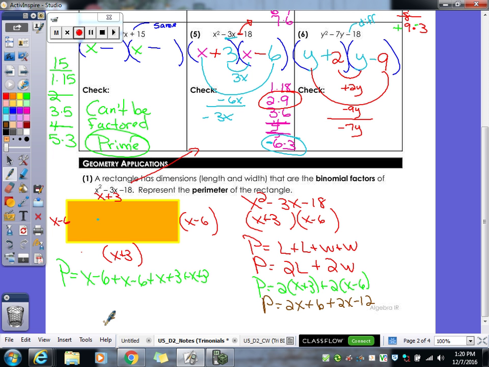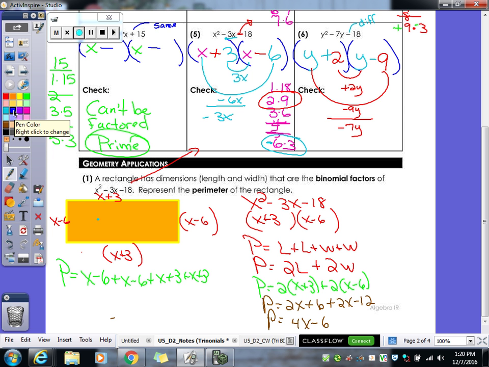And then what's my last thing? What do I have to do? Am I done there? Combine like terms. Very good, Erin. So when I add my 2 x's together, I get 4x. When I add my plus 6 and minus 12 together, I get minus 6. Well, I mean, really, it does look like a lot of work because we used a formula and we plugged in. In your head, could you have just gone, oh, I got 1, 2, 3, 4 x's here?